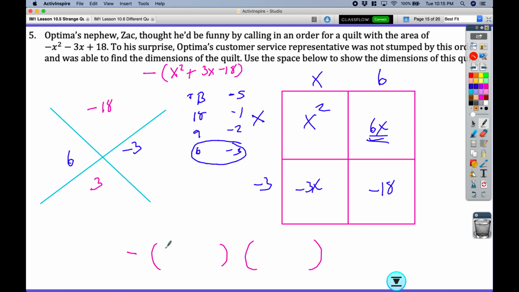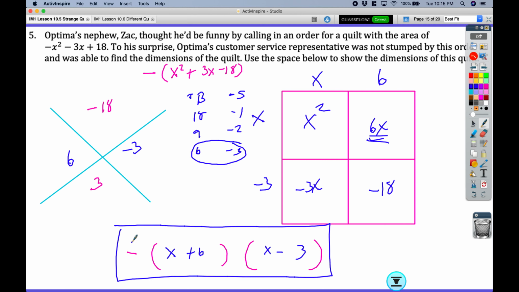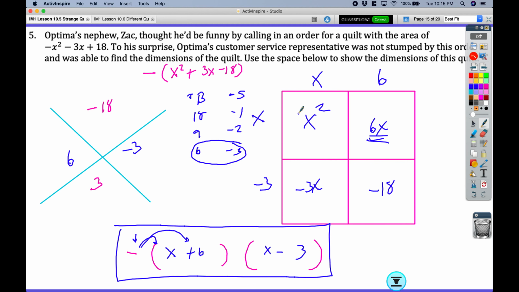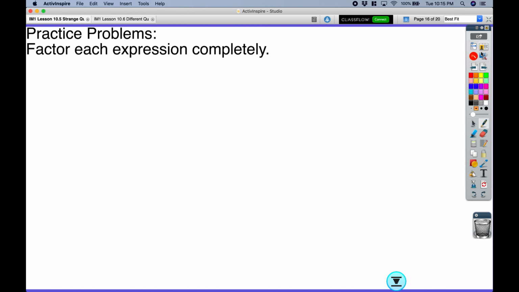So then you just have x plus 6 and x minus 3. You can leave this as your final answer with the negative out in front, or you can redistribute that negative right back into one of those, either one. I always prefer just to pull it out, guys. Okay? So what you guys can do is you can always factor something out if possible.